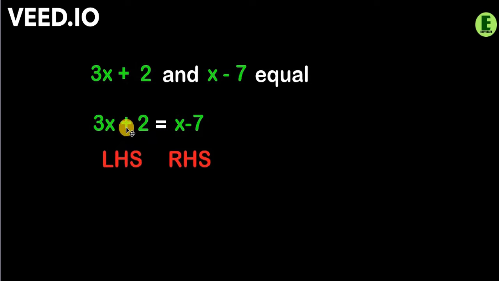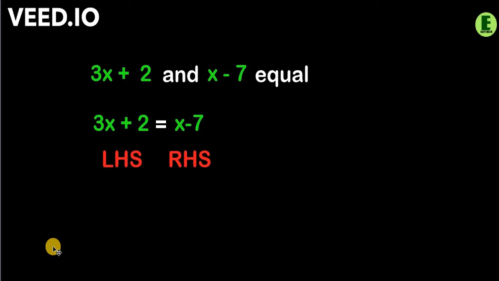The terms before the equal sign are called left hand side and the terms after the equal sign are called right hand side. So to solve an equation, we are going to equate the left hand side as well as the right hand side. Let us find the value of x by transposing terms. What is transposing terms?